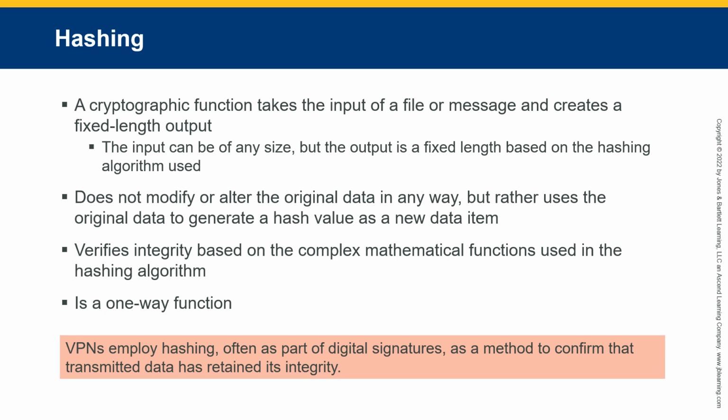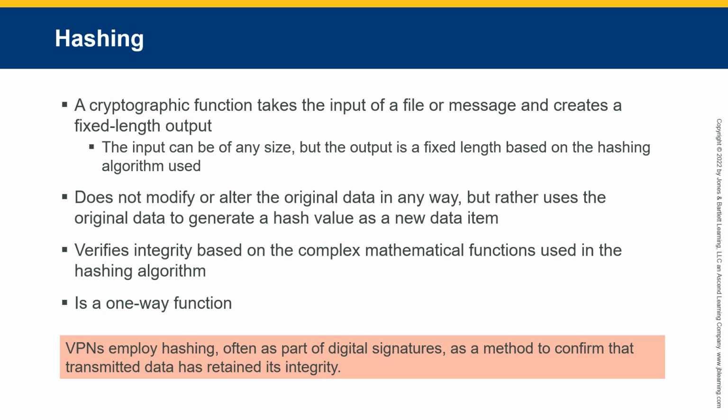It does not modify or alter the original data in any way, but rather uses the original data set to generate a hash value as a new item. This verifies the integrity based on the complex mathematical functions used in the hashing algorithm. Hashing is a one-way function.